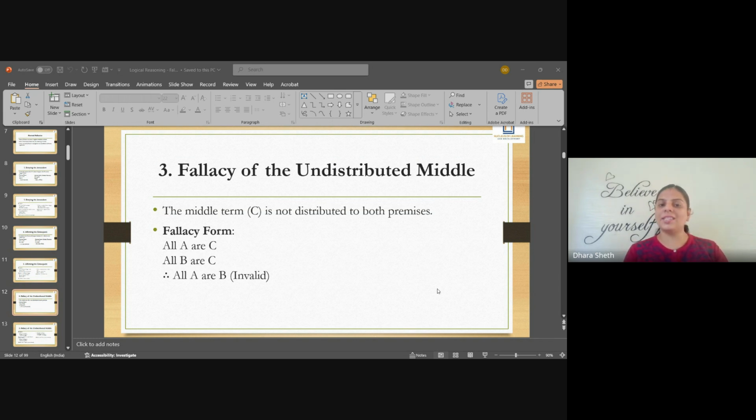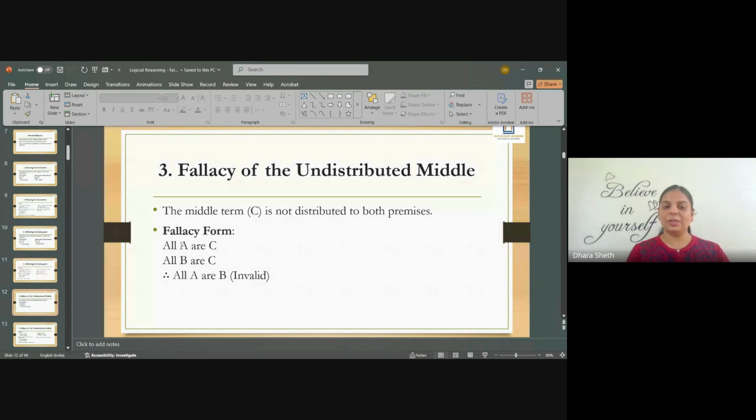That is called the fallacy of the undistributed middle, and it is one of the favorite questions for UGC NET. Either they will give you four options and say which one of these is the fallacy of undistributed middle, or they'll give you a question and then ask what the fallacy is. Now, if all A are C, here A is distributed, all B are C, here B is distributed.